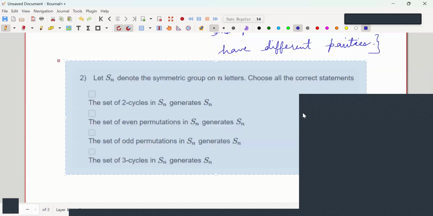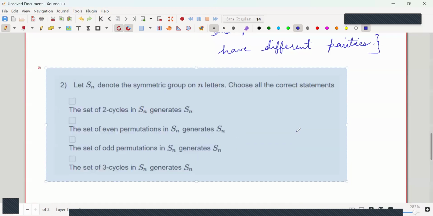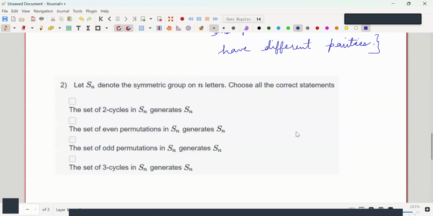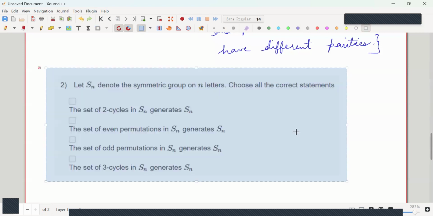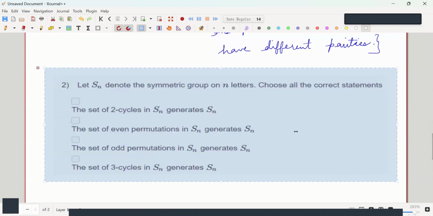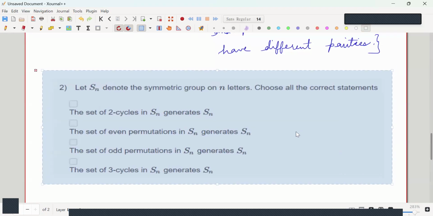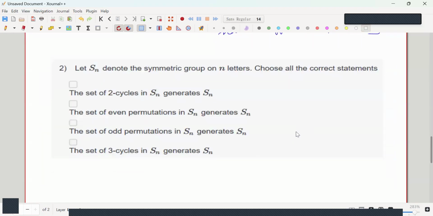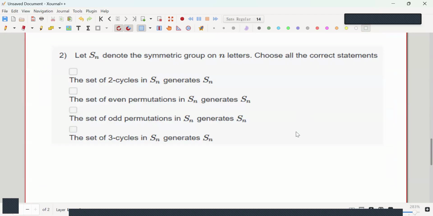Let Sn denote the symmetric group on n letters. You already know this notation. Choose all the correct statements. The set of two cycles in Sn generates Sn.